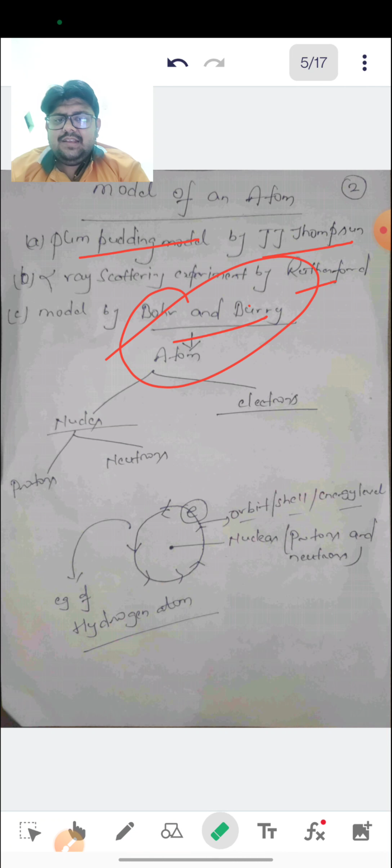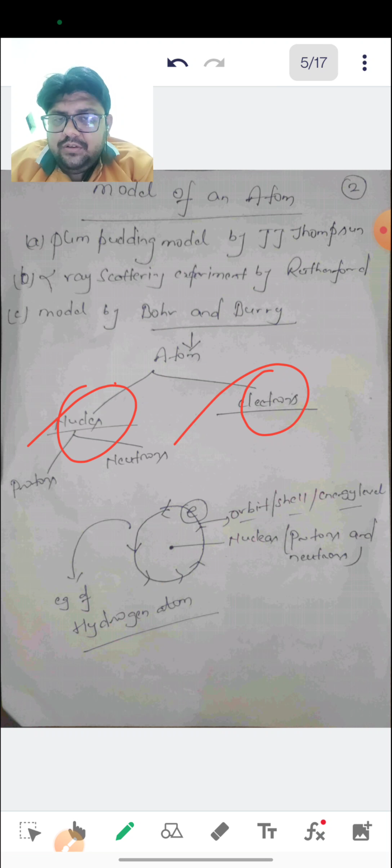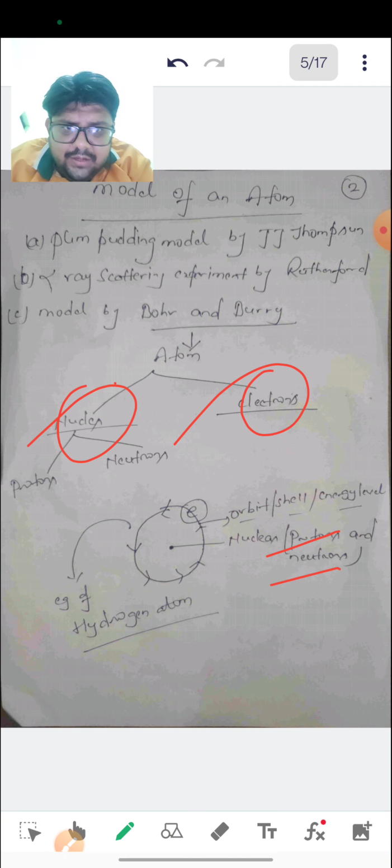What did he say? He said that an atom consists of two things, the nucleus and the electrons. In the nucleus there are two things, protons and neutrons. And outside the nucleus there are electrons moving in a circular pattern in an orbit. This is an orbit, and here electrons are moving in this manner.